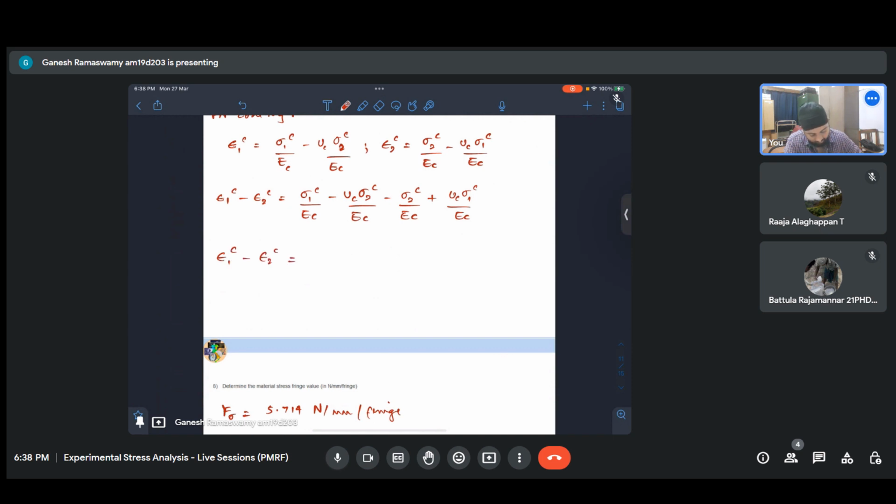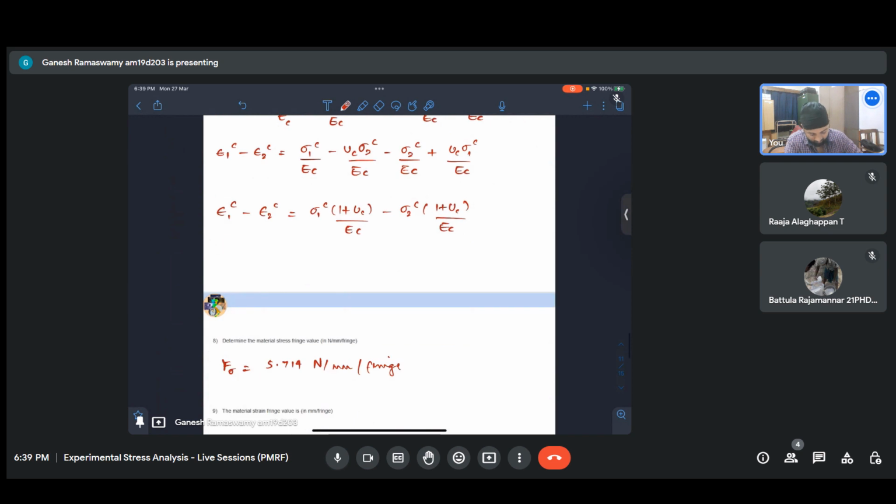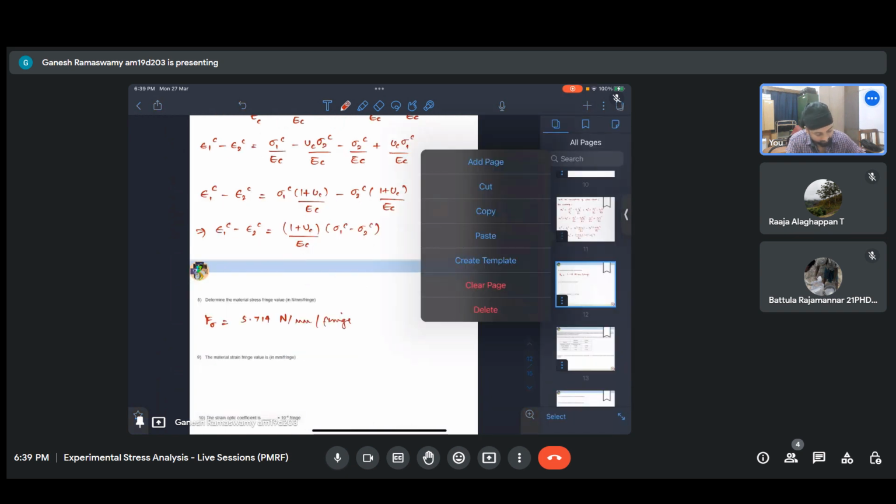It is nothing but, if we take it common, sigma 1C into 1 plus mu C by EC minus sigma 2C into 1 plus mu C by EC. So this results in epsilon 1C minus epsilon 2C being 1 plus mu C by EC into sigma 1C minus sigma 2C. So far so good.